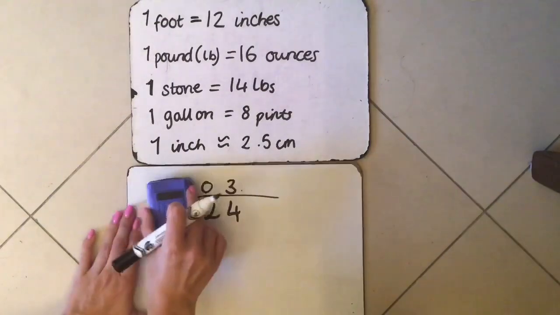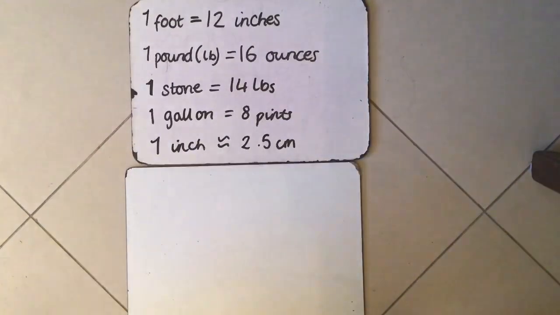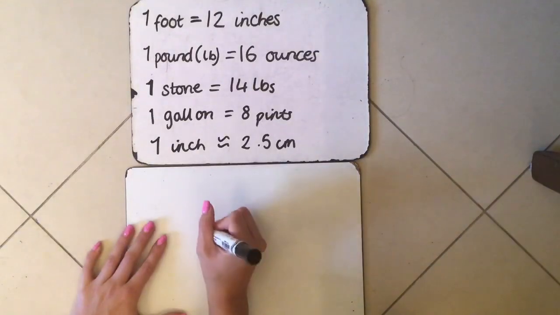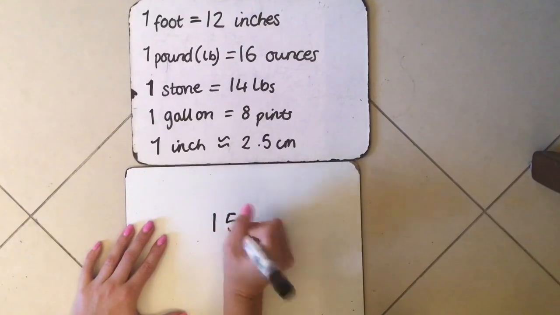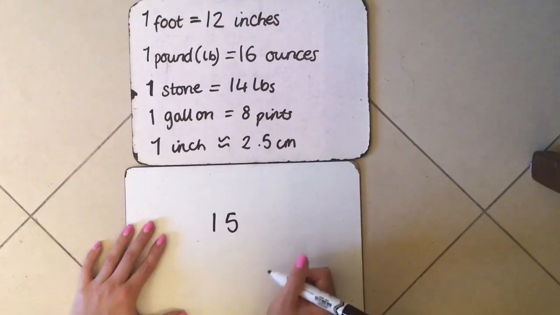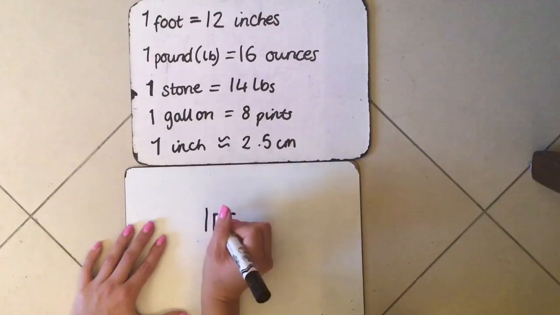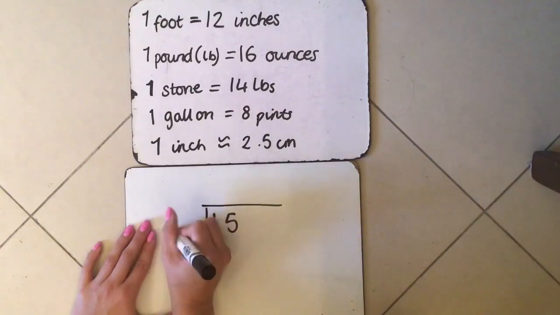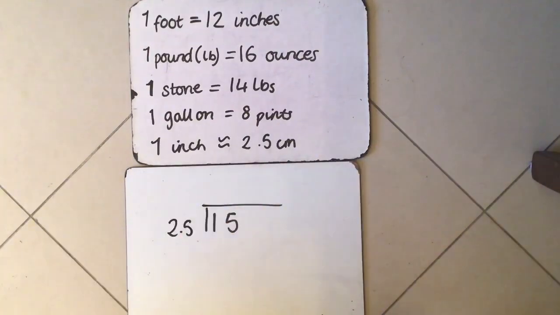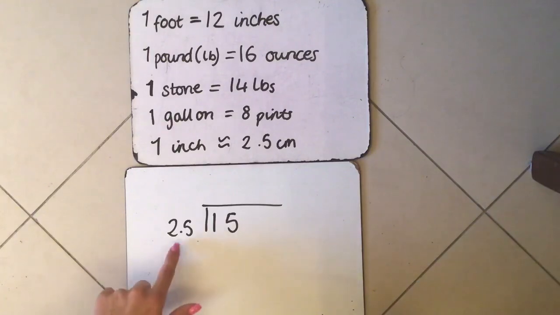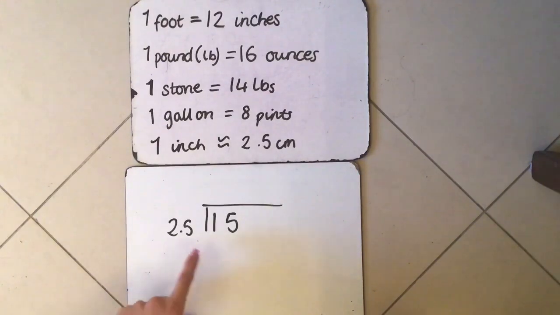The last one, remember this is approximately equal to. I'm going to say I've got a 15 centimetre something and I want to find out how much it is in inches. I'm going to divide by 2.5. So it's quite difficult to show division this way, but think about how many 2.5s are in 15.